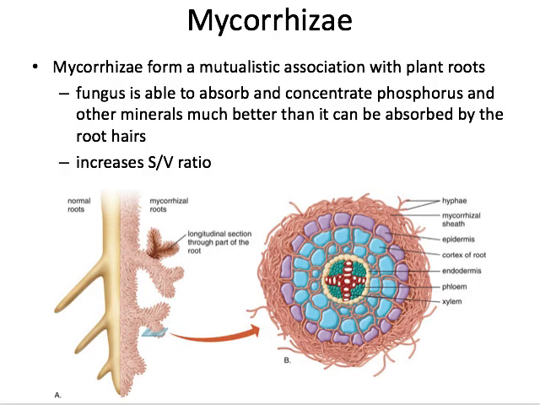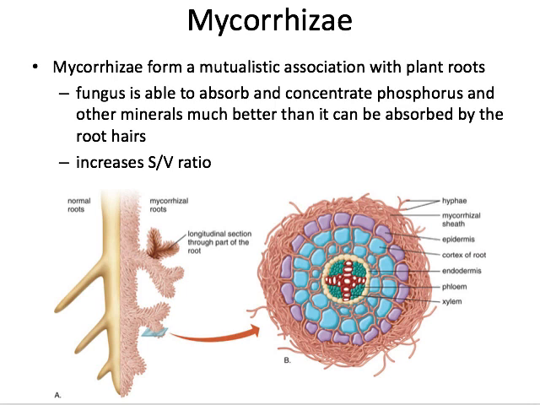Now we'll look at some very specific relationships. The first is called a mycorrhizal relationship. Mycorrhizae are fungus relationships with plant roots, and it's considered to be mutualistic because both the fungus and the plant benefit. The fungus is able to absorb and concentrate nutrients much better than can be absorbed by root hairs alone.